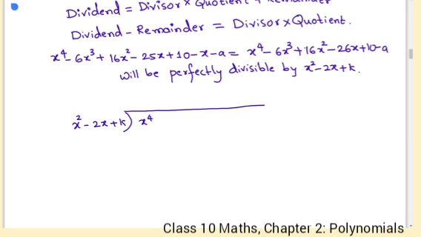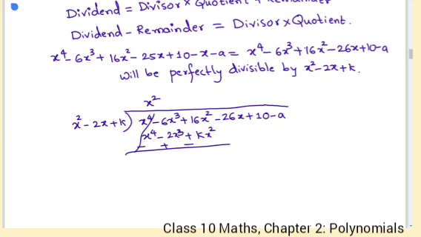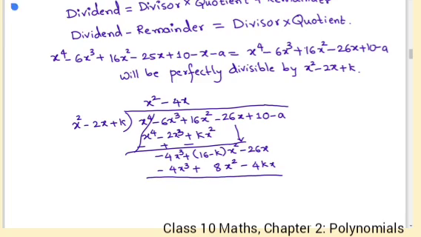So divide x raised to 4 minus 6x cube plus 16x square minus 26x plus 10 minus a, with x square minus 2x plus k. So follow this method now. First multiply it with x square. Afterwards multiply it with minus 4x.